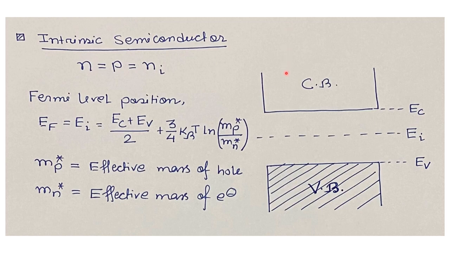So from the diagram we can see the intrinsic Fermi level will lie in between the Ec and Ev energy levels.